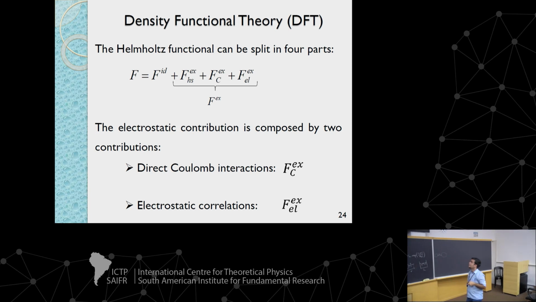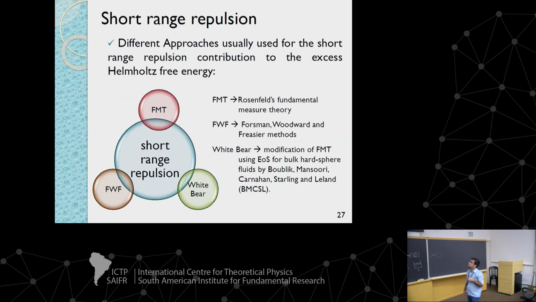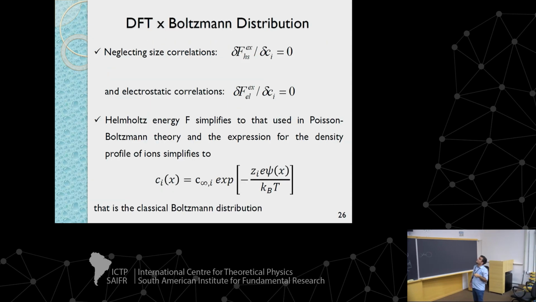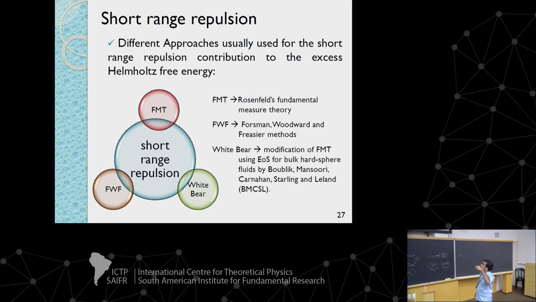Okay. To account for the size correlation, we use the same equation of state that I showed before. Yes, it's this. So we can use, for example, these three approaches here. FMT, the so-called fundamental measure theory by Rosenfeld.